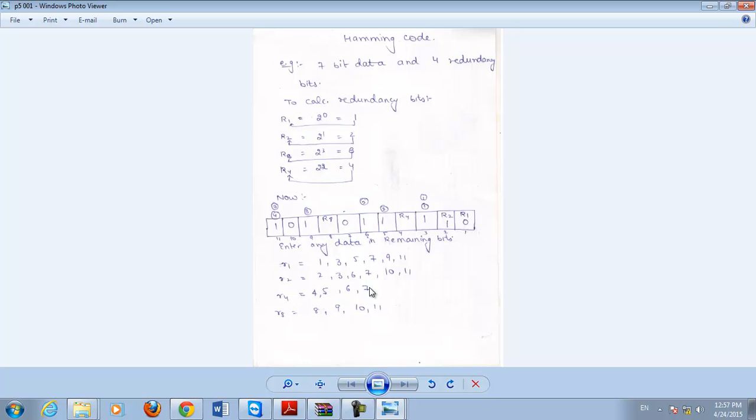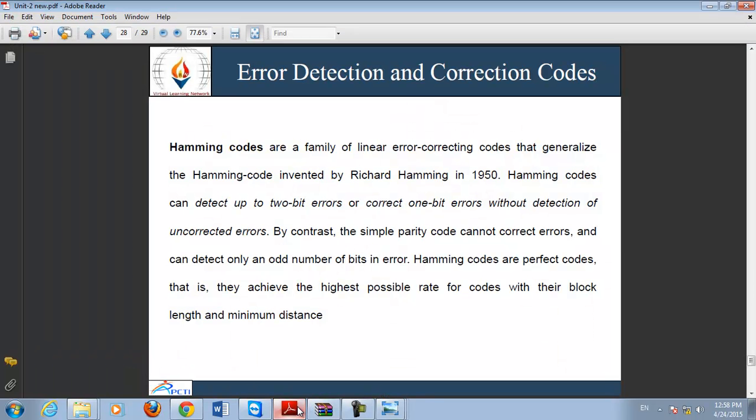Means you can find out the particular position of the error, or the bit in which the error occurs, by using the Hamming code. In this way, there are two mechanisms to find out the error, and there is one mechanism to correct the error. Error correction and detection codes, that is parity and Hamming code.